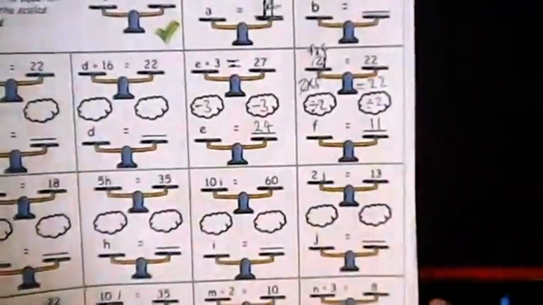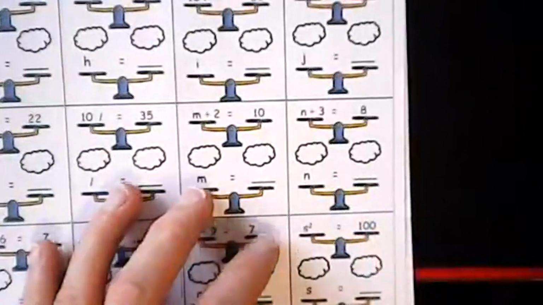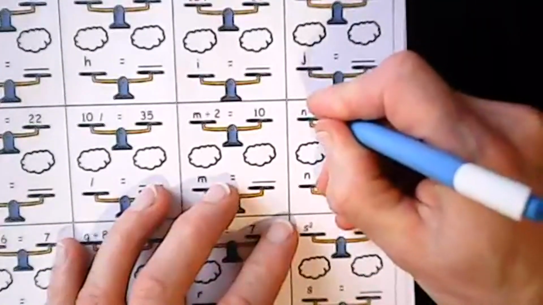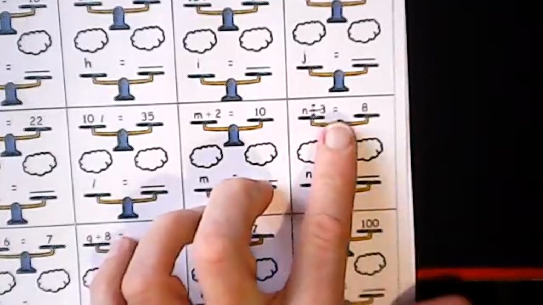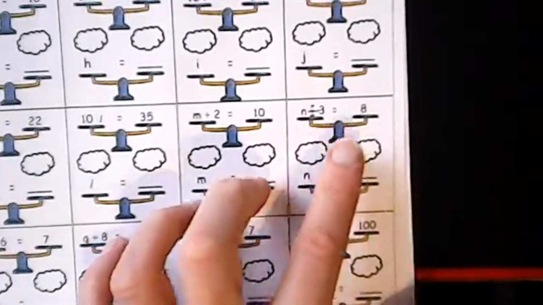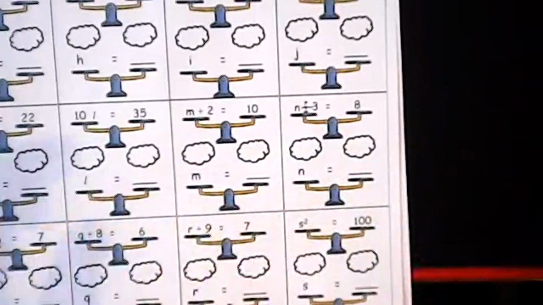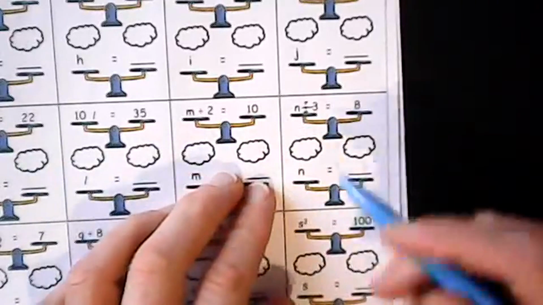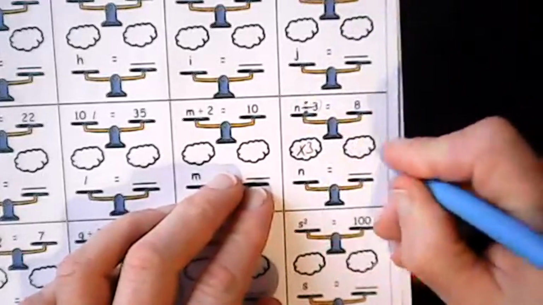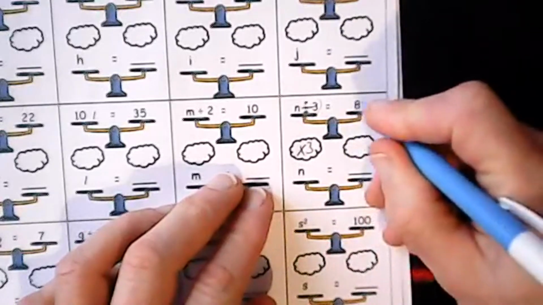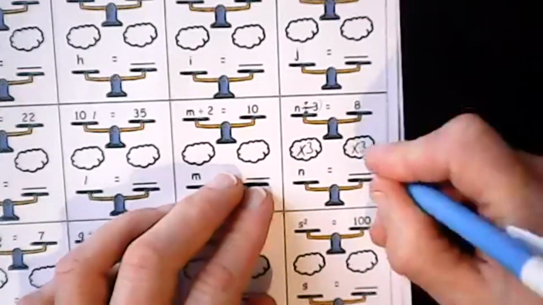And likewise, just jumping down the worksheet a little bit more, we've got this situation here. Similar idea. N divided by 3 equals 8. So thinking about reverse operations, we've got a divide by 3, so the reverse of that's going to be a times by 3. And we've got to do it on both sides.